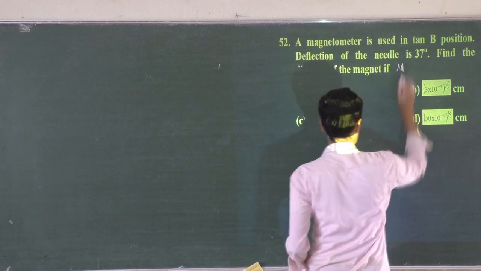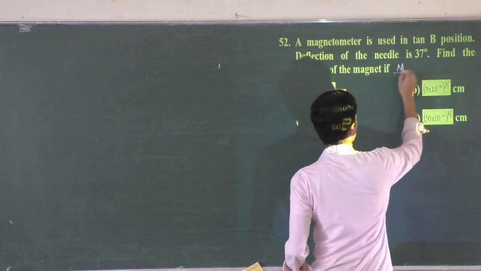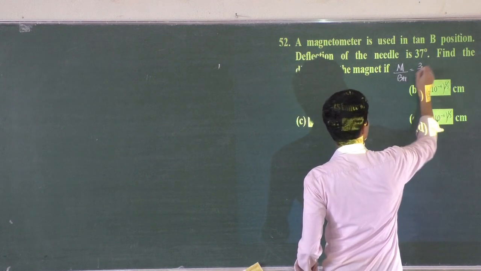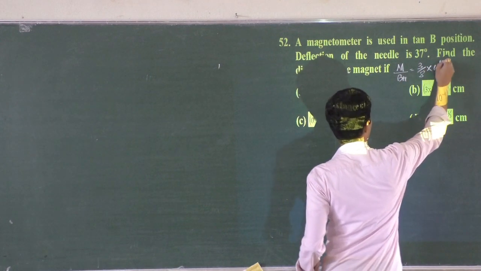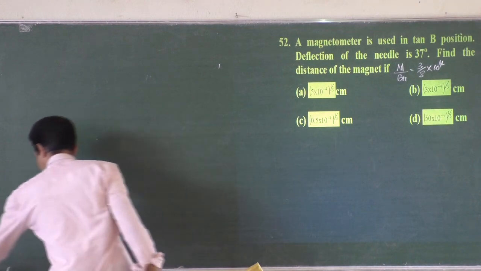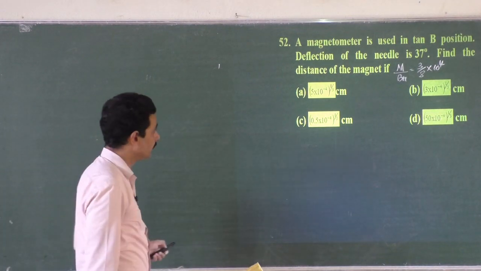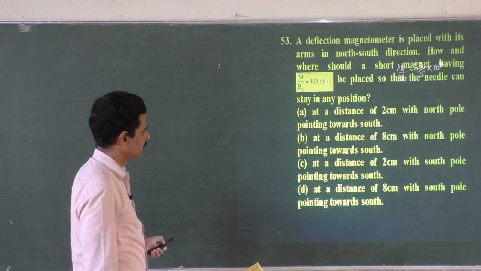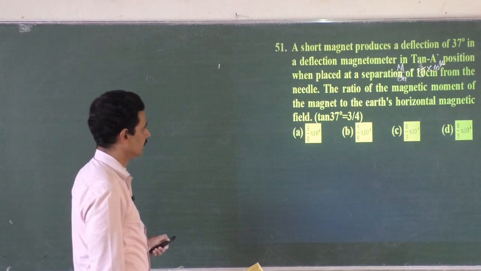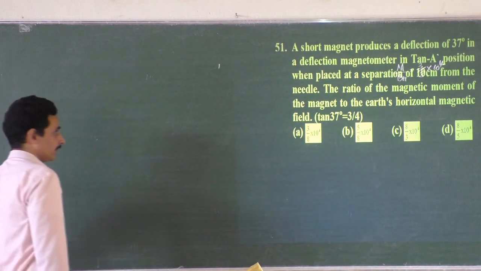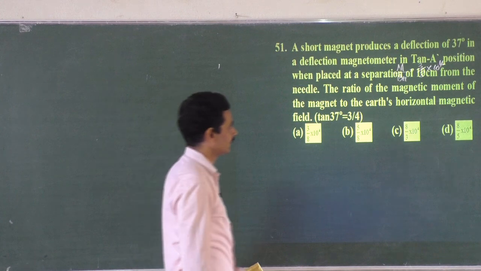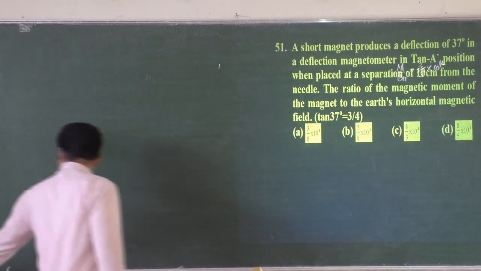m/bh is equal to, from the previous problem here, m/bh is equal to 3/8 into 10 to the power 4. That was the answer, right? Last problem answer. Yes, that is the data.